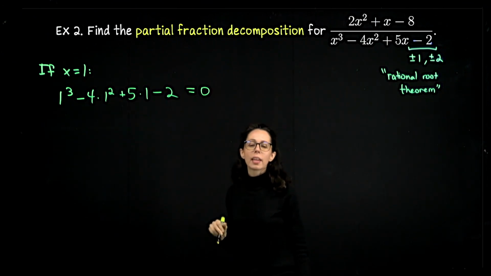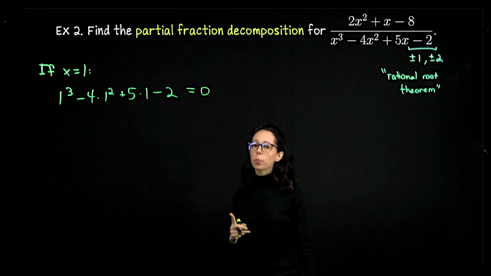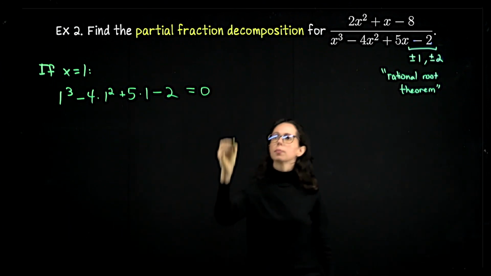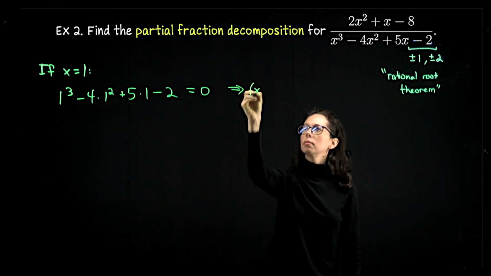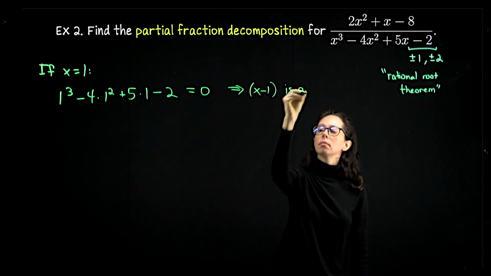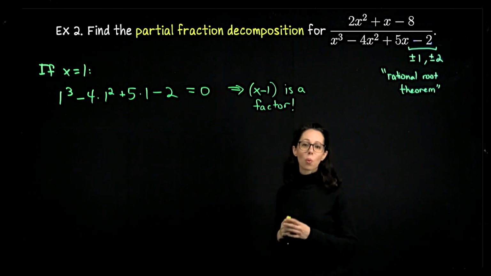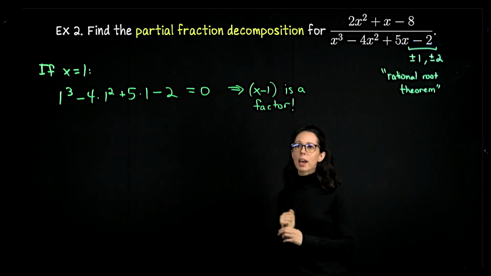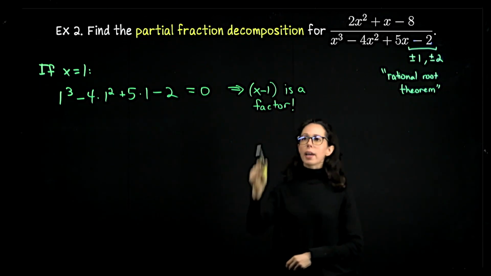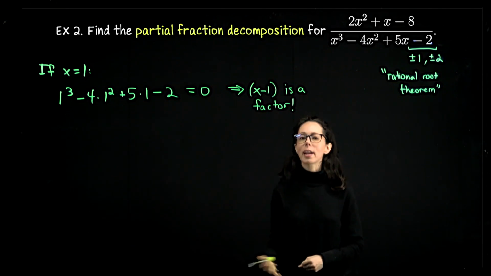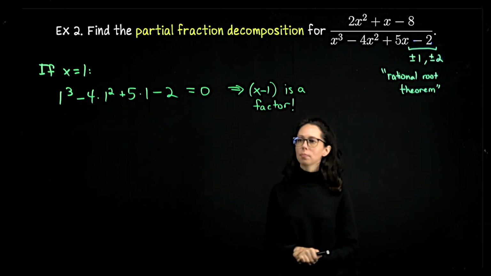So that tells us that x equals 1 is a root, or in other words, x minus 1 is a factor. So we found one of our terms. We just need to now take this cubic polynomial, divide it by x minus 1 to get a remaining quadratic, and then see if we can factor that in the usual way.